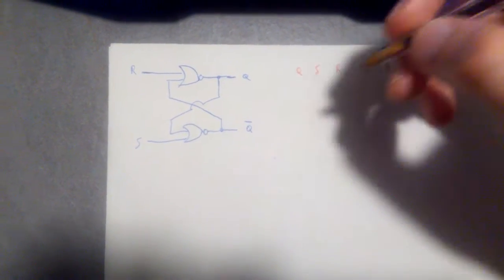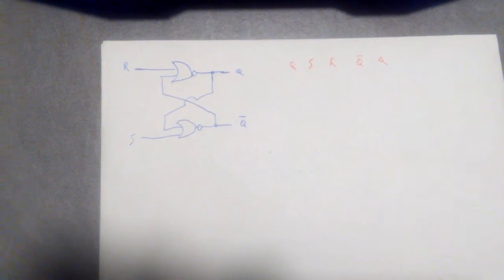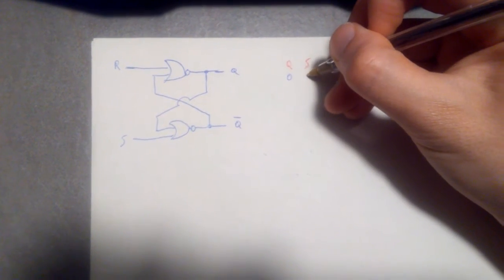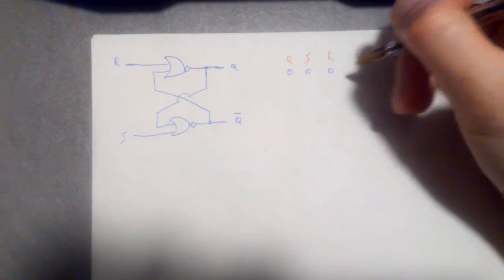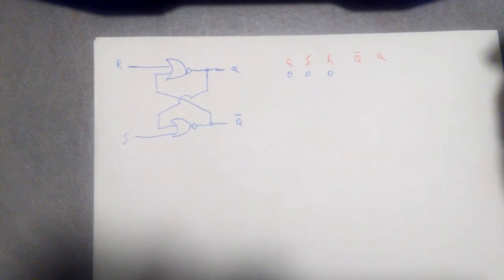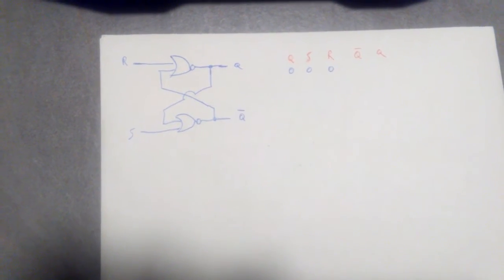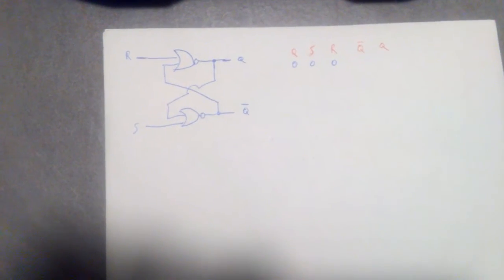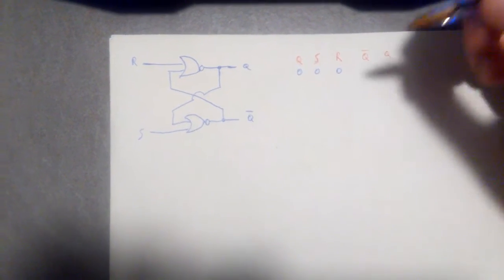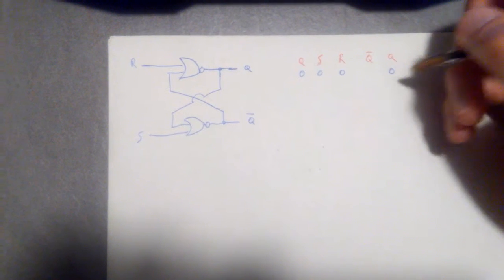So if I start with something like 0, 0, 0, then I will start with an output Q which is 0.